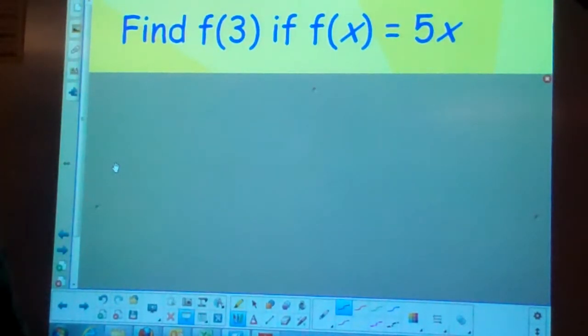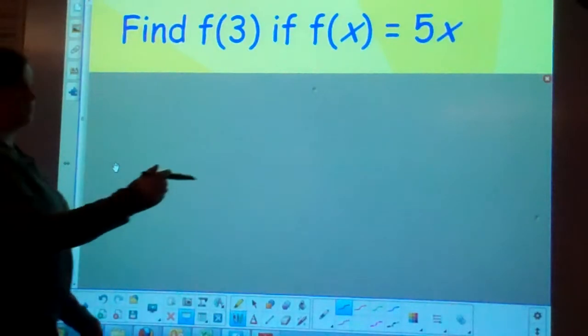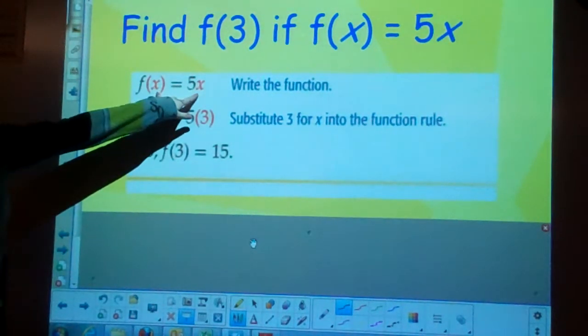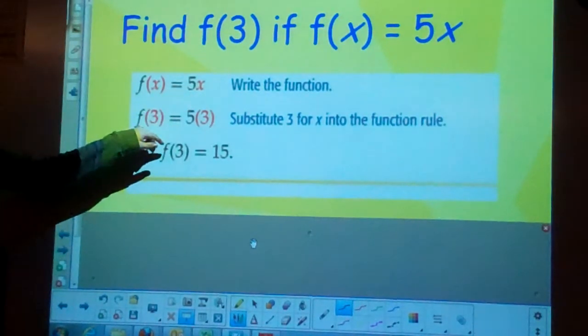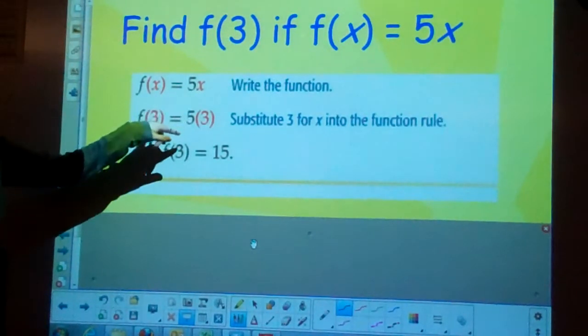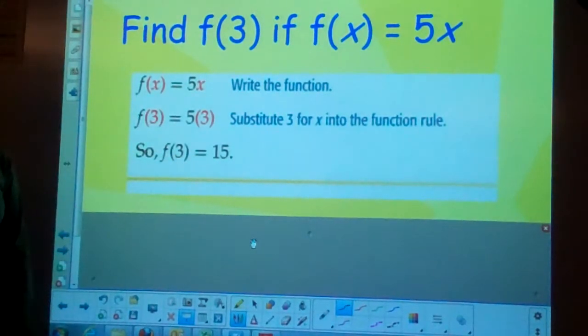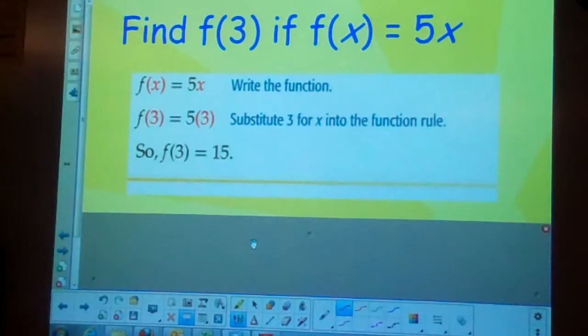Shannon, what do you get? 15. So we substitute in f of x equals 5x. If it's f of 3, wherever we see an x, we're going to put in 3. So f of 3 equals 15. Simple.